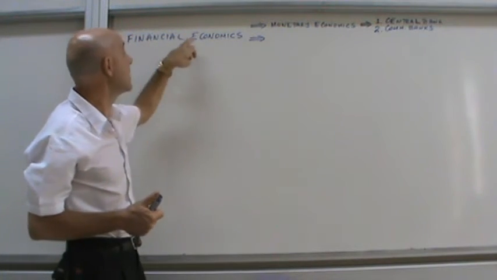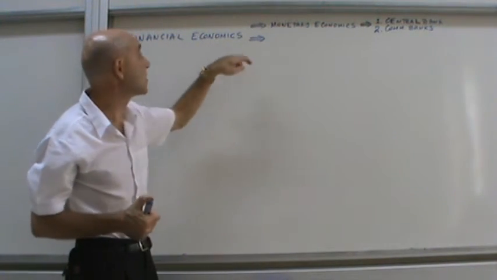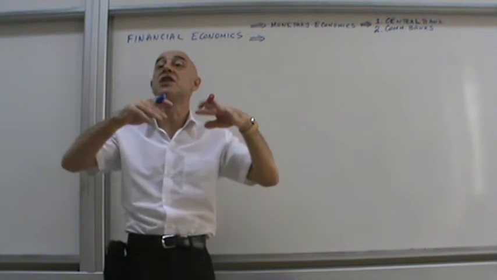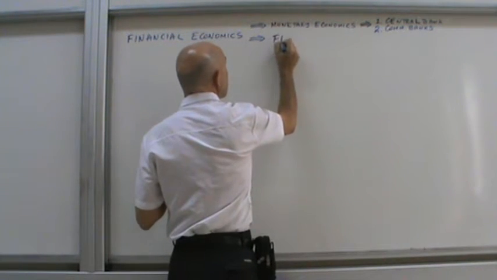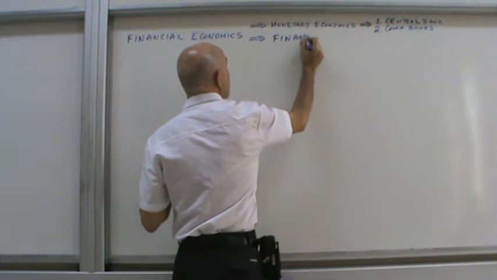The second area or field of monetary economics is the general field of the financial system.